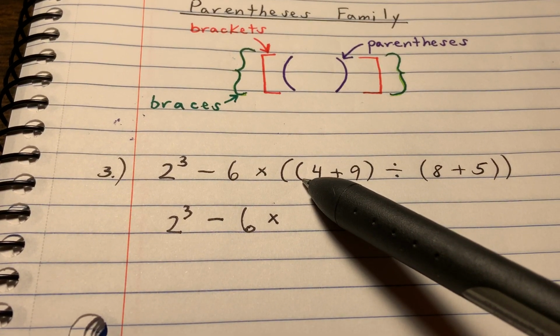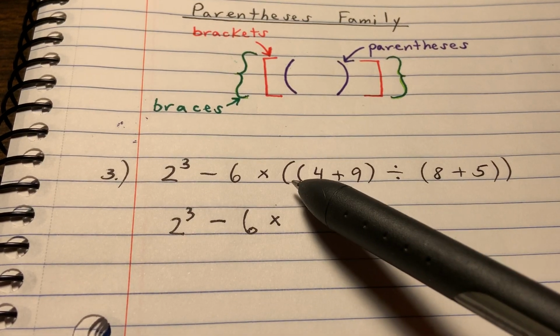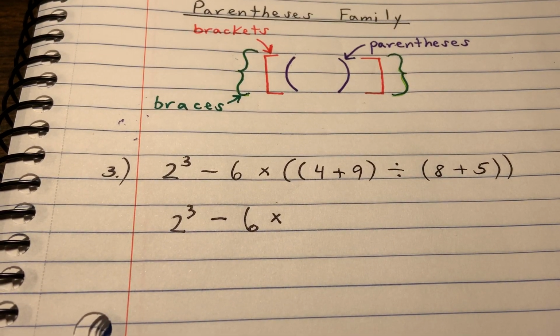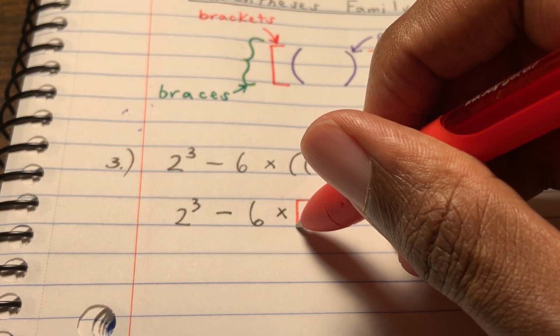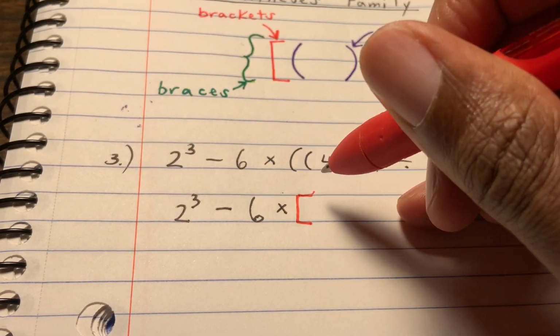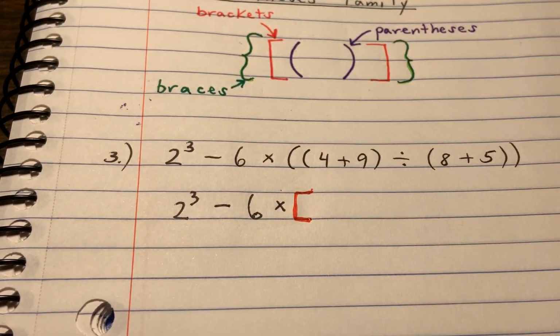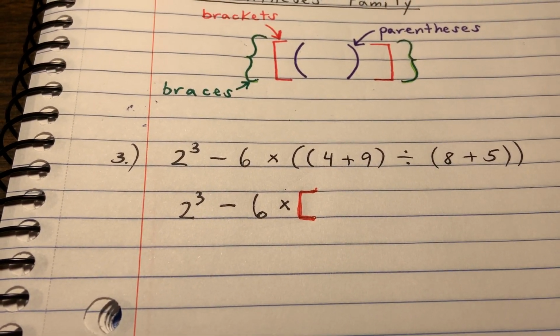These parentheses will stay inside for the 4 plus 9. But for this outer parentheses, I'm going to change it to brackets so that visually I'm not confused. Okay? I hope everybody's following me with that.